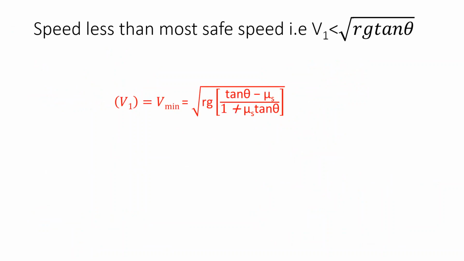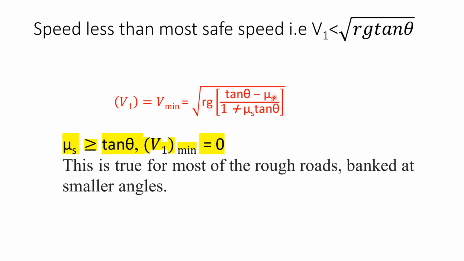Thus, the speed less than the most safe speed can be written as v minimum equals square root of rg into tan theta minus mu s upon 1 plus mu s tan theta. In this equation, if the mu s value is equal to or greater than tan theta, v minimum becomes 0 as the numerator becomes 0. And this is true for most rough road banks at smaller angles.